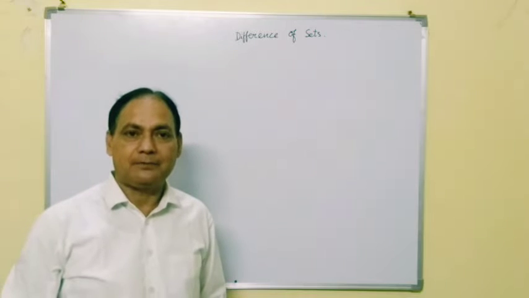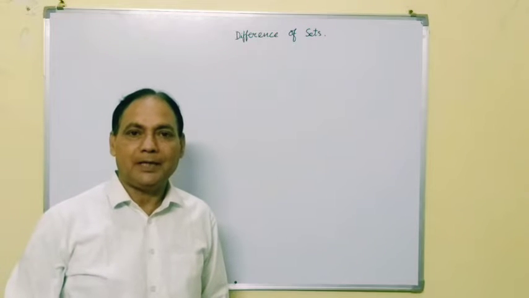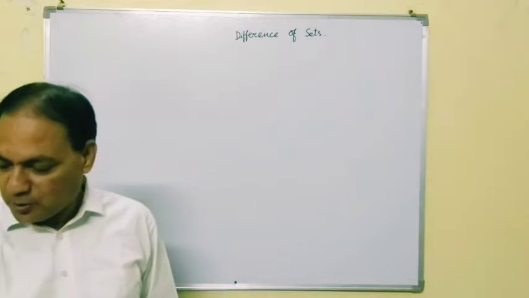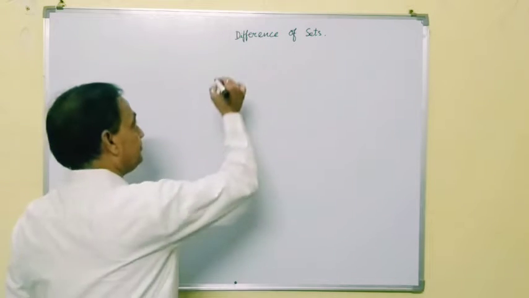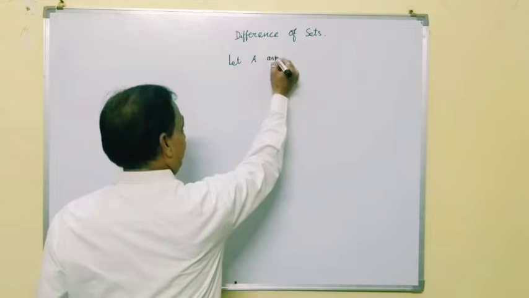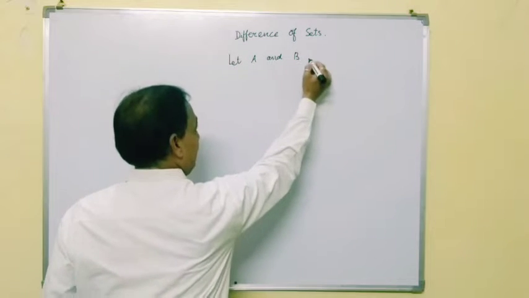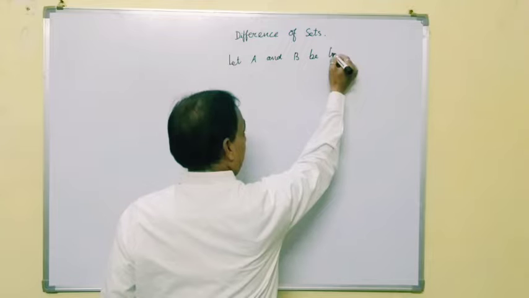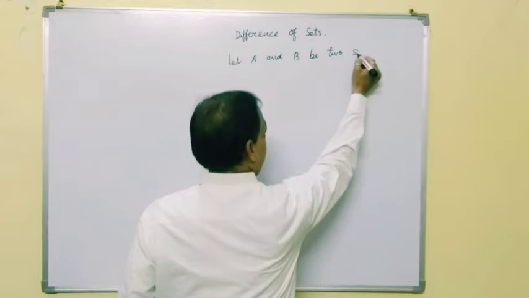Difference of sets. Let A and B be two sets.